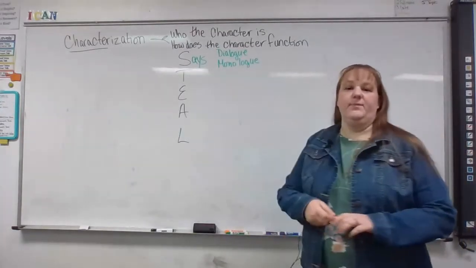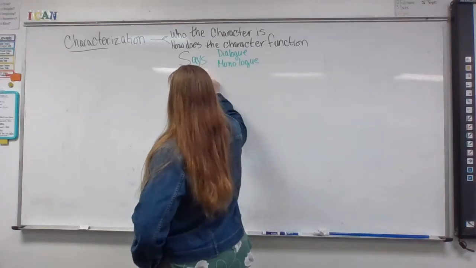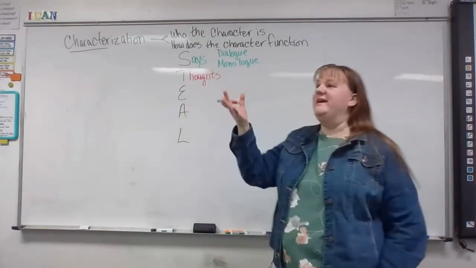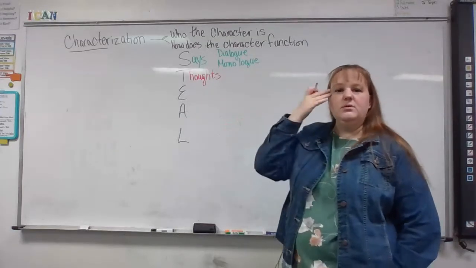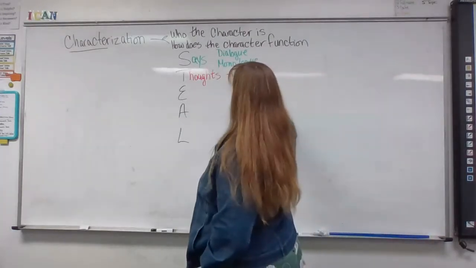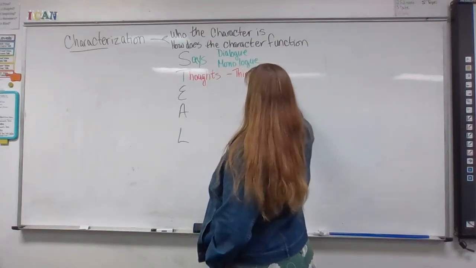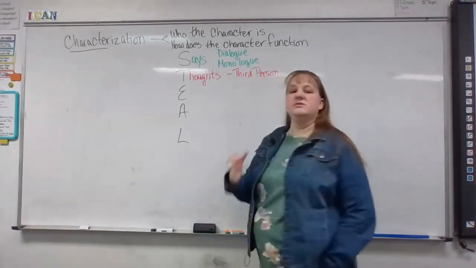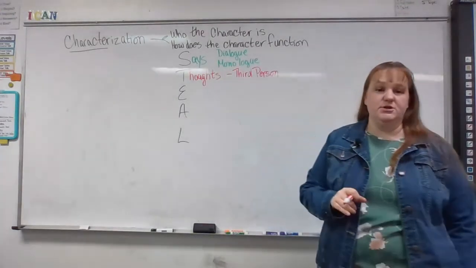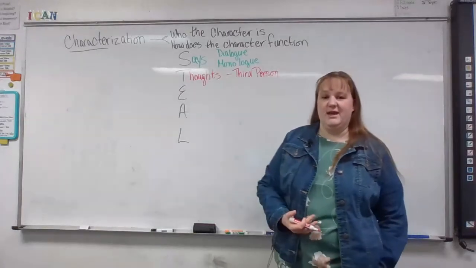The next one are thoughts. So what is the character thinking? What's their point of view? This is great for third person. If you remember, third person, both limited and omniscient. If the limited is the main character's thoughts, then I'm going to get a great view of that character.